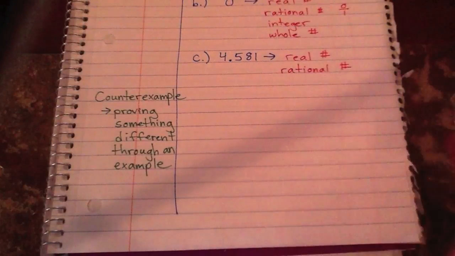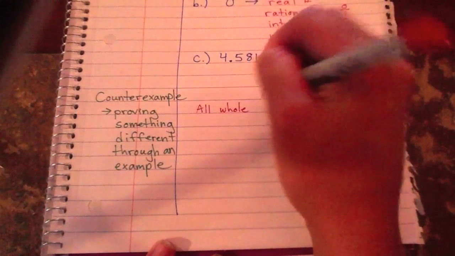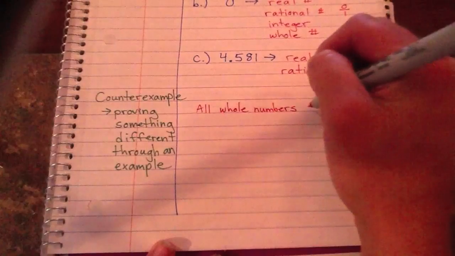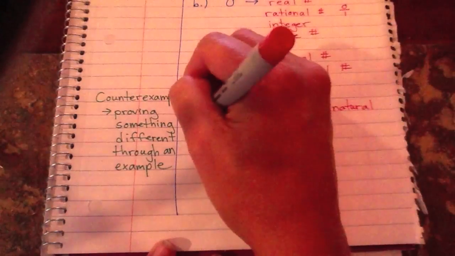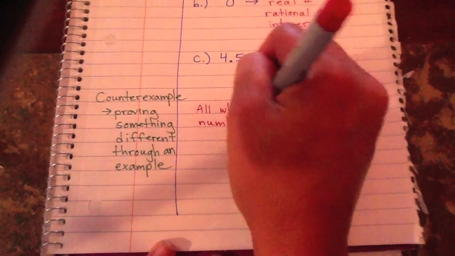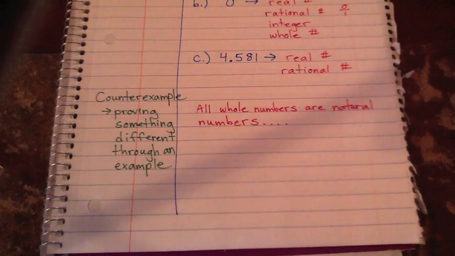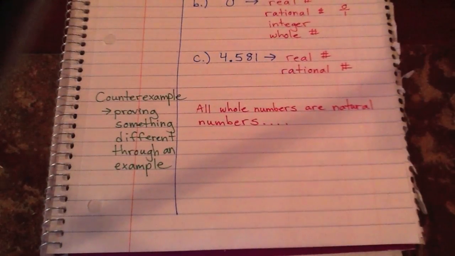Like if I was to say all whole numbers are natural numbers, and then I had to decide if that's true or false. Are all whole numbers natural numbers? Then you would prove that right or wrong based on a counterexample.